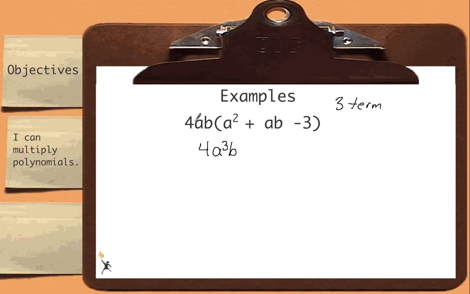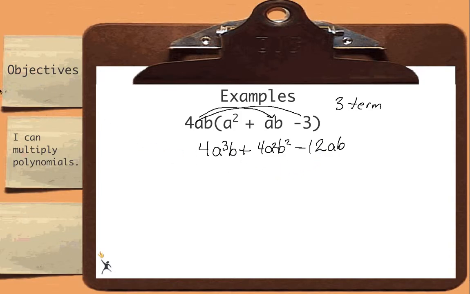I'm going to distribute the 4ab to ab, plus 4ab times ab: a and a makes a squared, b and b makes b squared, and finally the 4ab to -3. So we multiply our two coefficients to equal -12ab.